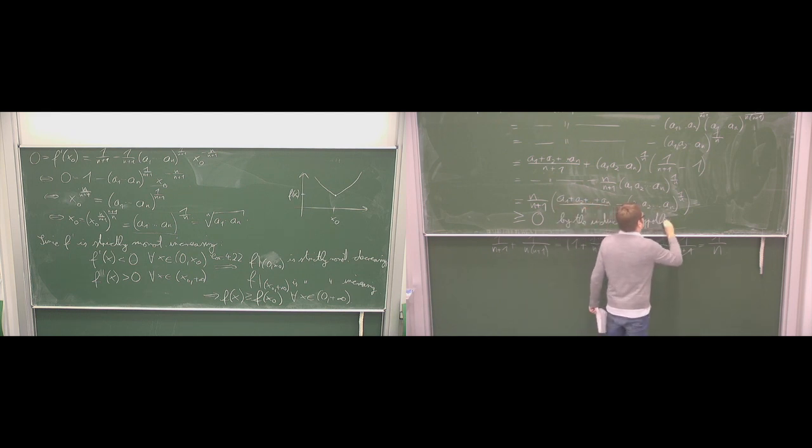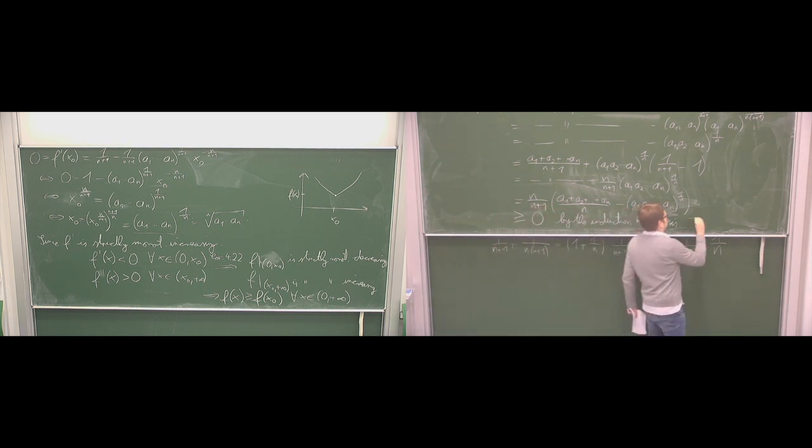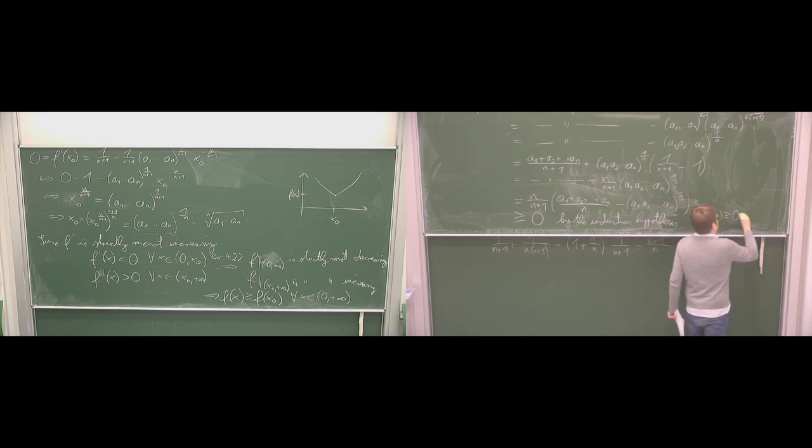Here we need the induction hypothesis. So since this expression here is then non-negative, we've shown that f of x0 is bigger than 0, and so we derive from this that f of x is bigger than or equal to 0 for all x in 0 to plus infinity. And this is what we wanted to show. And this finishes the proof of the inequality.